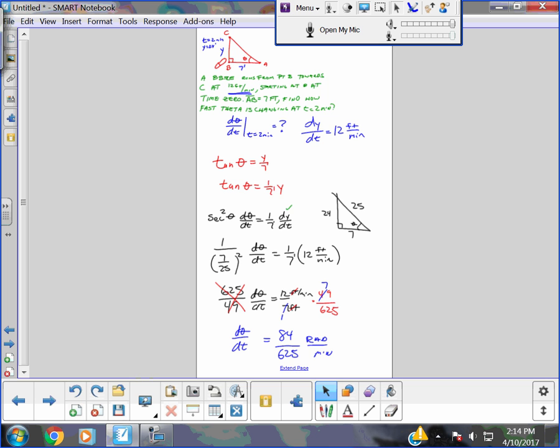Now, to put some context in that, because that doesn't mean much to me, let's do degrees. So it's 0.1344 rads per minute. I can multiply that by 180 and divide by pi.